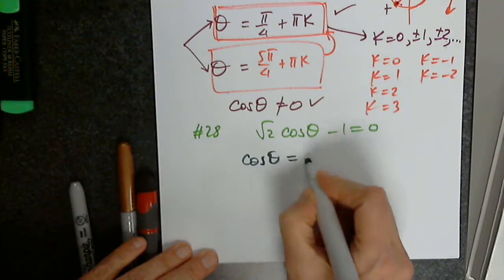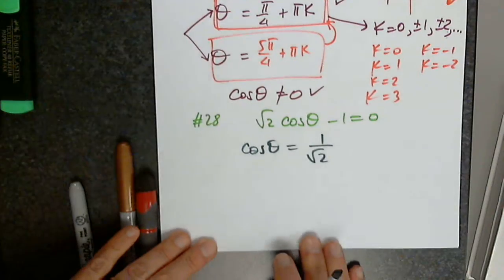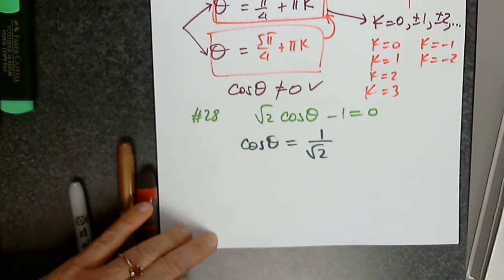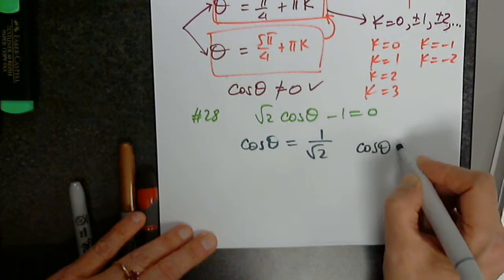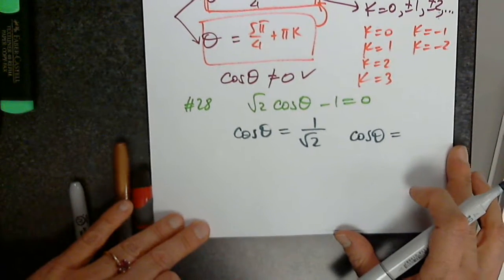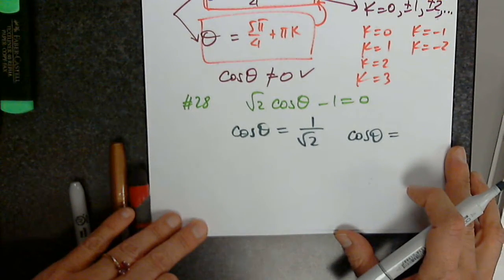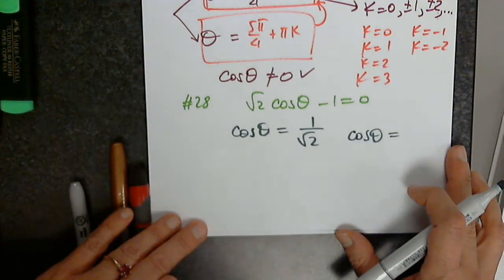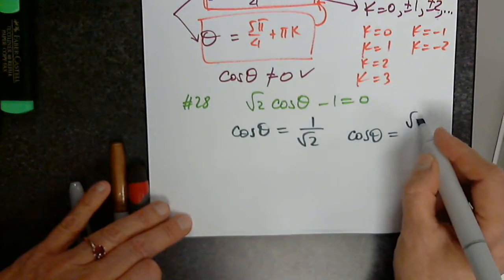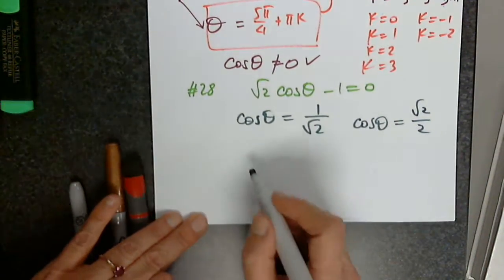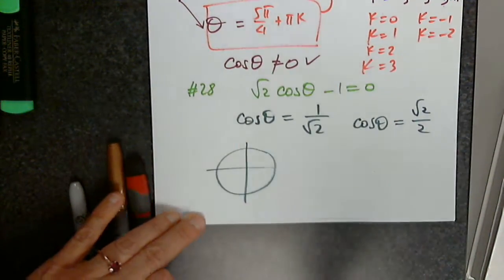So I have that cosine theta equals 1 over the square root of 2. I have to rationalize, because I don't accept anything that is not rationalized. So cosine theta is definitely square root 2 over 2. Exactly, and I know exactly which angle that is.